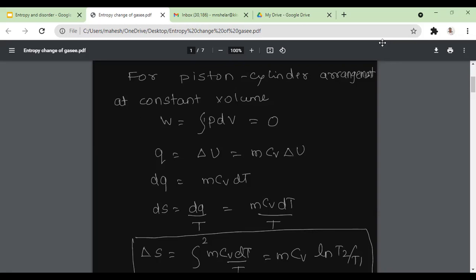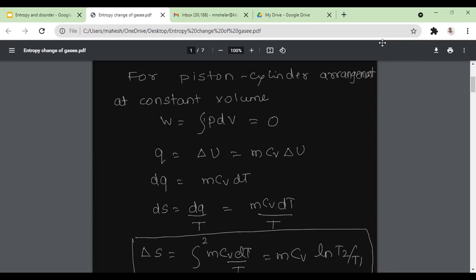From the definition of entropy change, we know that entropy change is dQ upon T. So this expression becomes dS is equal to dQ, which is mCv dT upon T. As we have studied in calculus, delta S we can obtain by integrating dS.